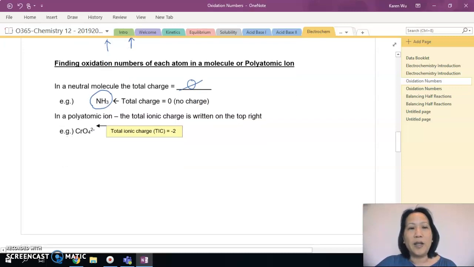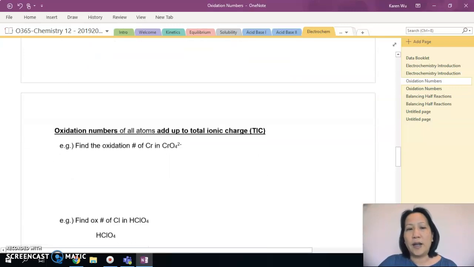Then we get to polyatomic ions, like the polyatomic ion that we see on the back of the periodic table, here is our chromate, CrO4 -2. So the whole group, Cr and 4 O's, comes to a total charge of -2. We're going to see how that comes into play.